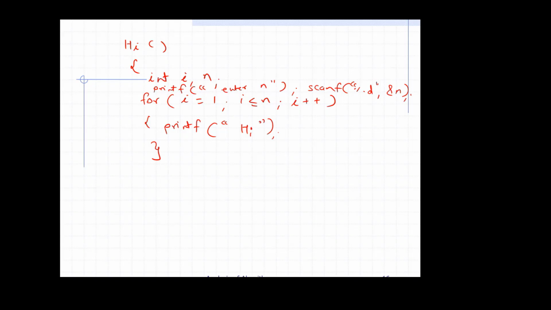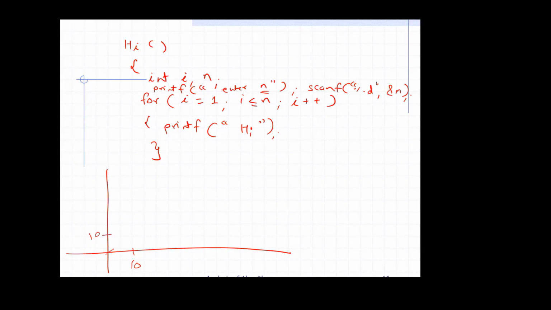So you are taking n, and we don't know how many times the program will run unless we know n. So the number of times hi is getting printed is going to depend upon the value of n. Here, as n increases, if n is 10, it is going to print 10 times.